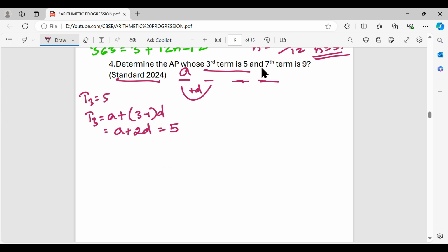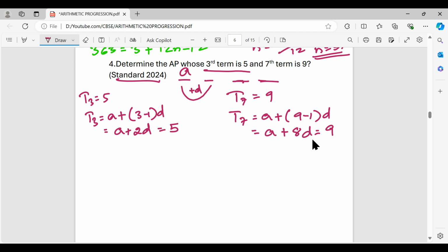In the same way, it says that the seventh term is 9. So how will we write this? T7 equals A plus (7 minus 1) times d, and that will give you A plus 6d, and already it is given that your seventh term is 9. So we got two equations here.